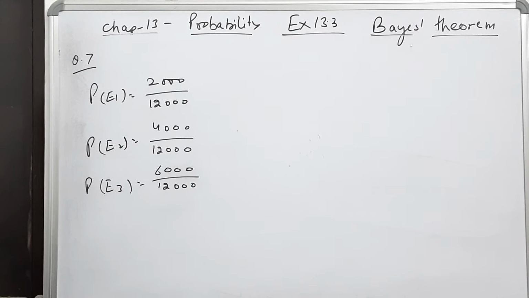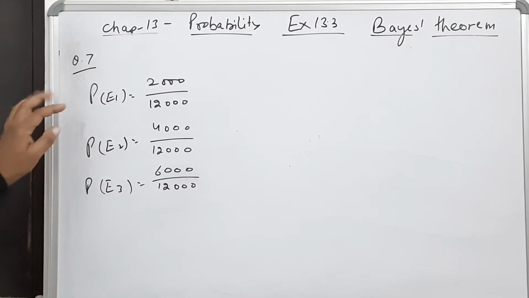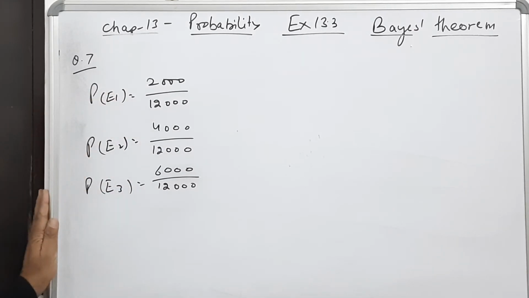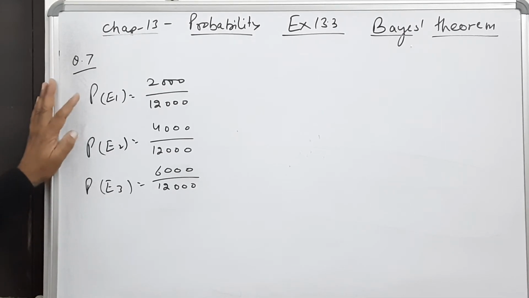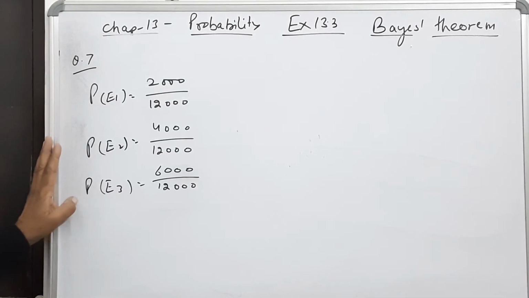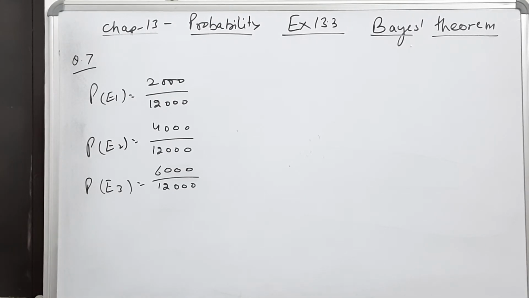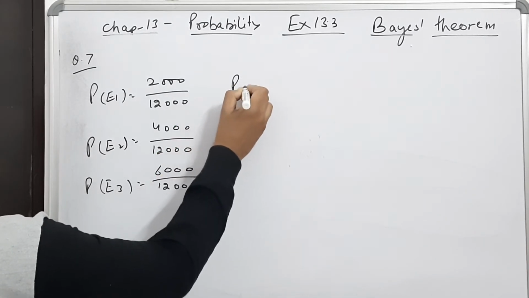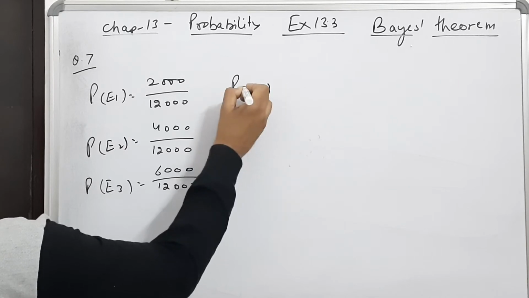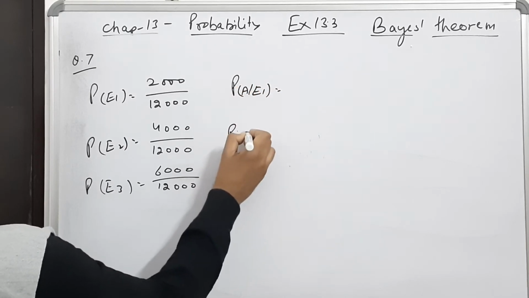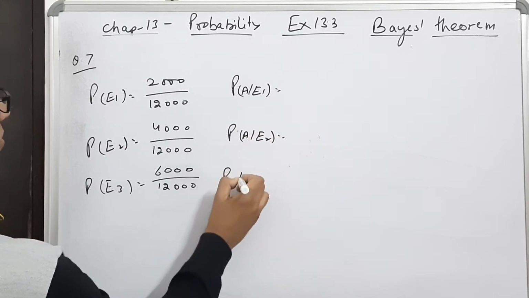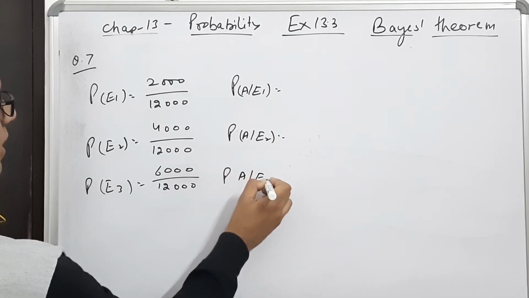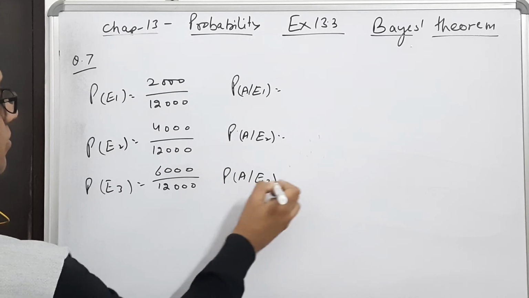Yes, see this one. Now, total 12,000 drivers we are talking about, and this is scooter driver, car driver and truck driver. Now, what is the probability of accident of a scooter driver? What is the probability of accident of a car driver and probability of accident by the truck driver?